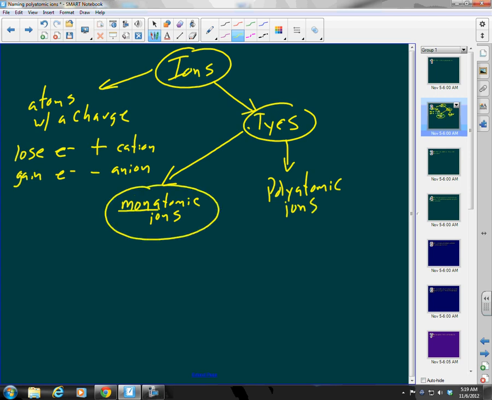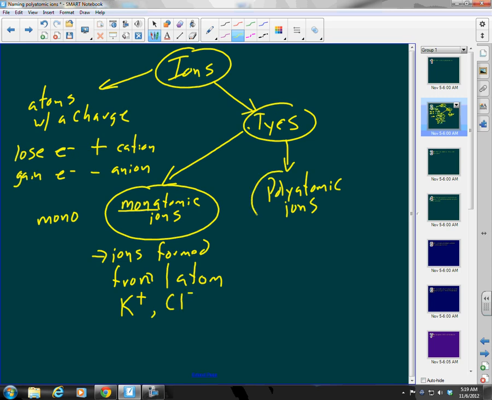Mon comes from mono. Mono means one. So these are ions formed from one atom. So something like K plus, that's monatomic, or Cl minus, that's monatomic.